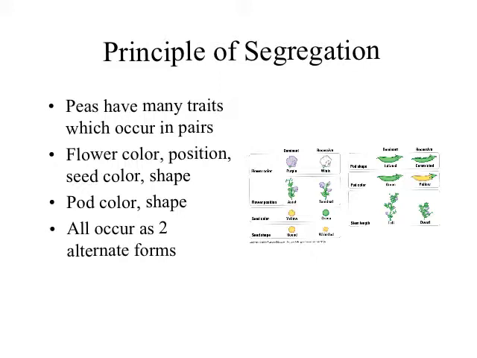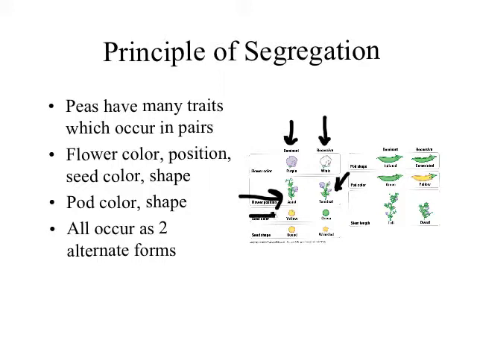In peas, we just have purple flowers or white flowers. We don't get stripes, we don't get polka dots, we don't get some other type of flower. Same thing with flower position. It's either axial, which comes off from the sides of the stems, or terminal, which comes off the ends of the stems.